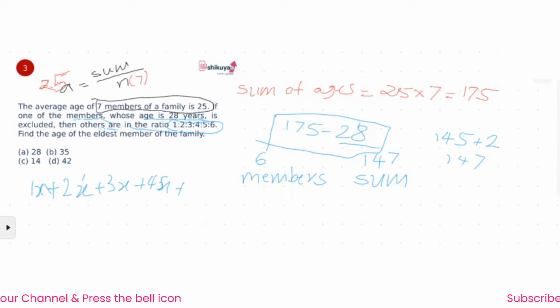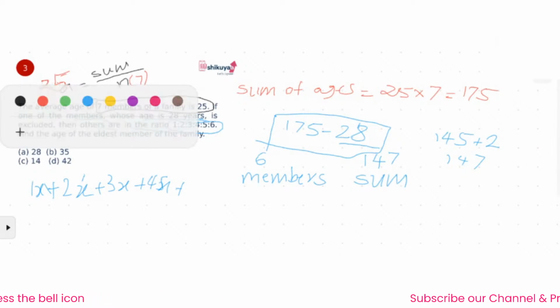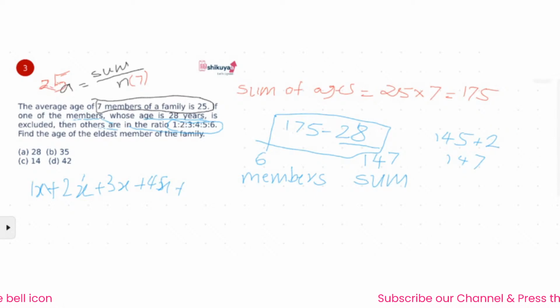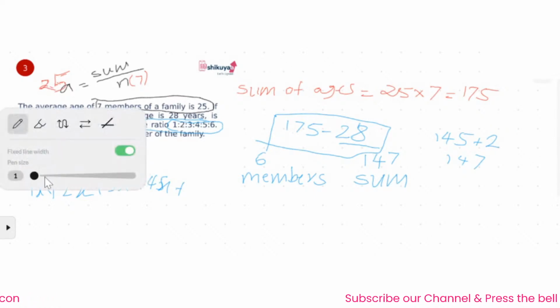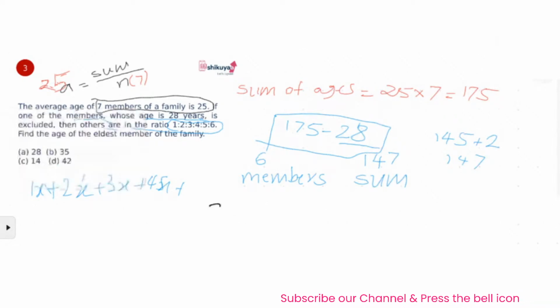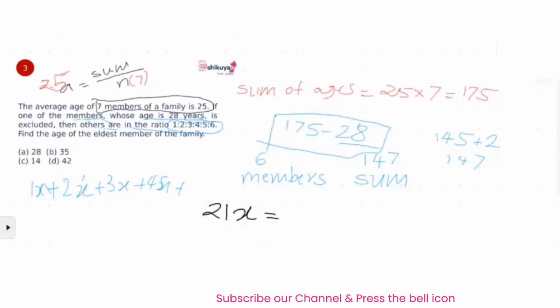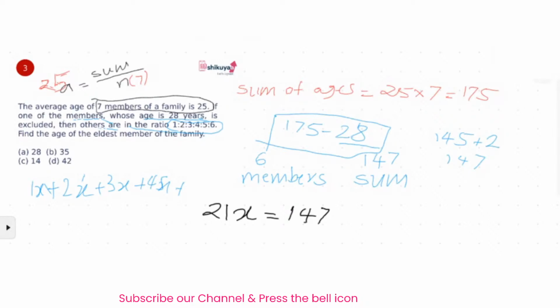So what is the addition? 1 plus 2 is 3, 3 plus 3 is 6, 6 plus 4 is 10, 10 plus 5 is 15. So what we have understood from this is 21x is equal to 147. Now after watching this number, I have realized this 147 is easily divisible by 7.